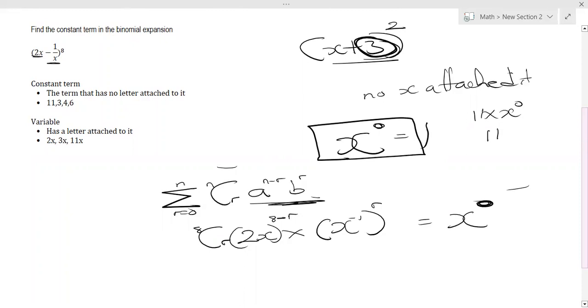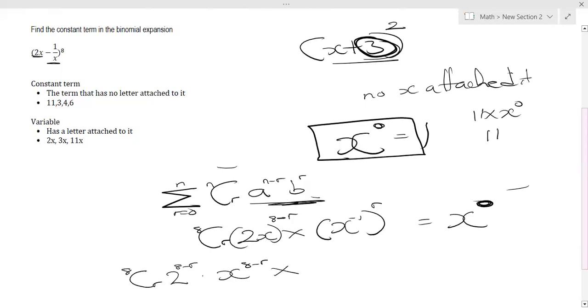If we open this, we have 8Cr, 2 raised to power 8 minus r, x raised to power 8 minus r, times.